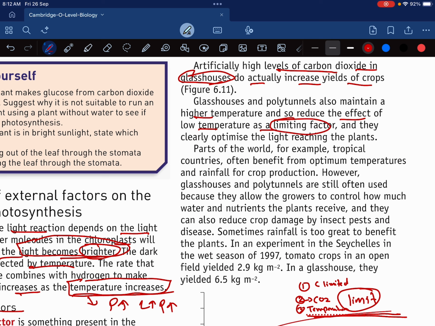So all of these are trying to optimize the photosynthesis process by doing what? Increasing carbon dioxide, increasing the temperature, right? So that there is no limiting factor as such, and they clearly optimize the light reaching the plants.